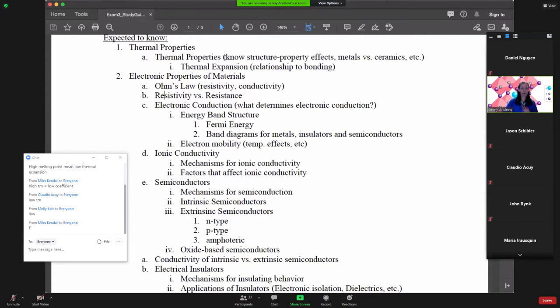If you go back up here, think about structure property effects. If I tell you you process a material via some method, like you quench a material, what do you think is going to happen to its conductivity compared to an annealed sample? Which would have a higher conductivity, a quenched alloy or an annealed alloy?